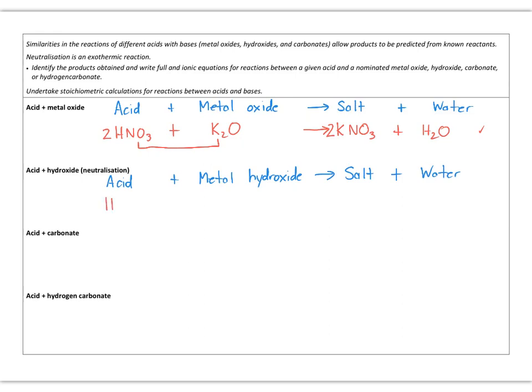Let's go with hydrochloric acid plus sodium hydroxide, and that will go to the salt, which would be sodium chloride plus H2O, and I think that is balanced just as it is. We don't need to change anything. So it doesn't matter which acid, which metal hydroxide, we'll get that similar form. We'll just get a different salt in each case.